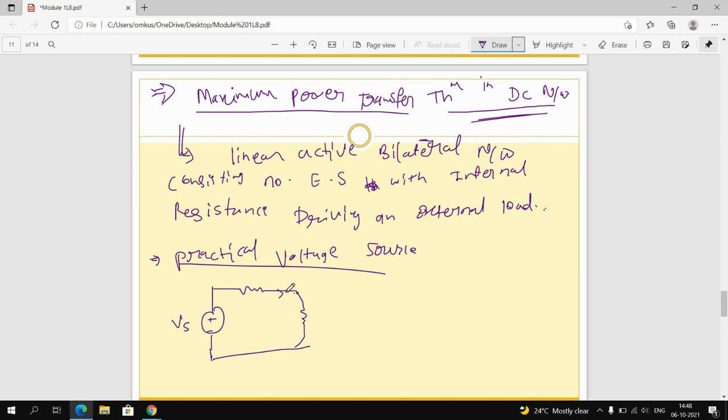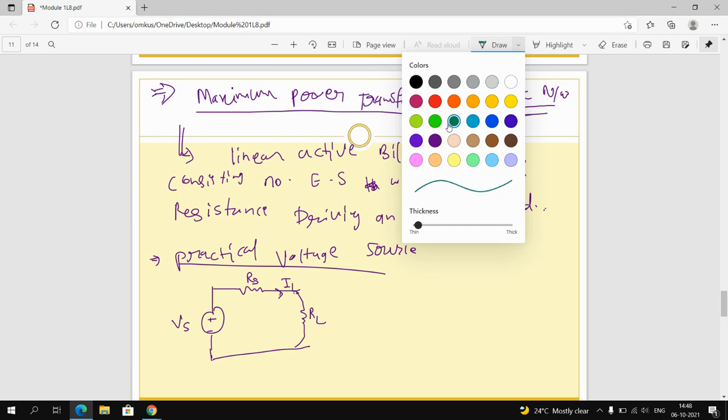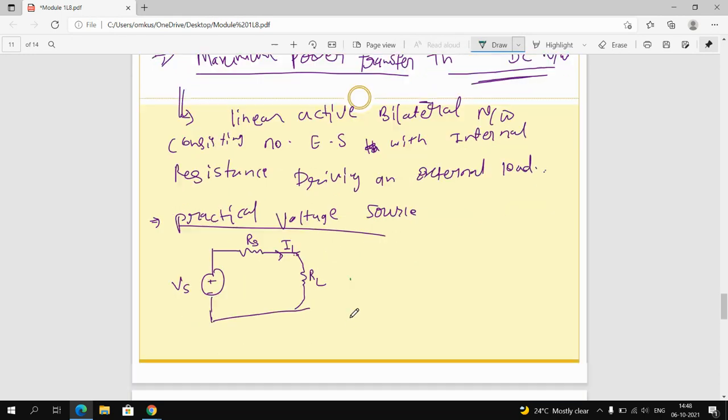This is the source resistance, and this is the load resistance, whatever load is connected to your source.